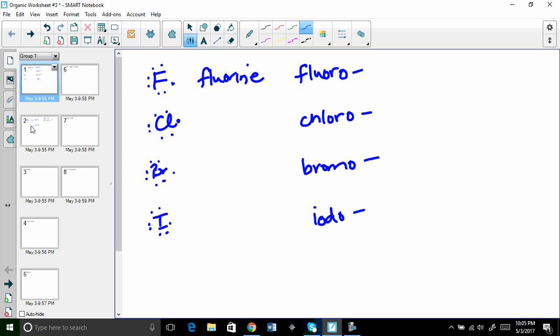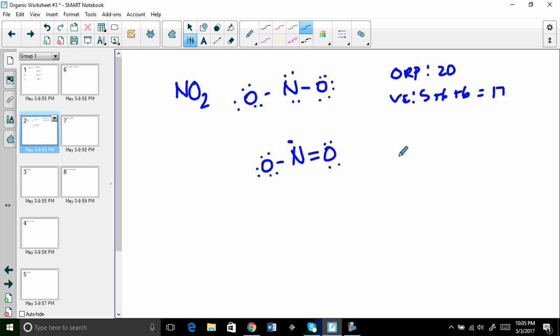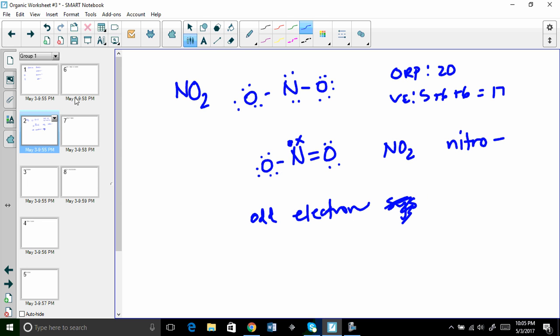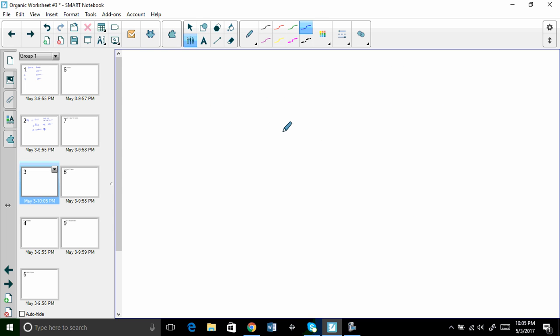And so you will see this guy a lot, NO2, because it's looking to form a bond here because it doesn't like to have this odd number. And so this is called nitro. The whole clump is called nitro because of the odd electron system. It's just nitro as a substituent.